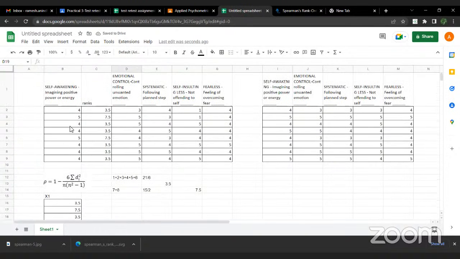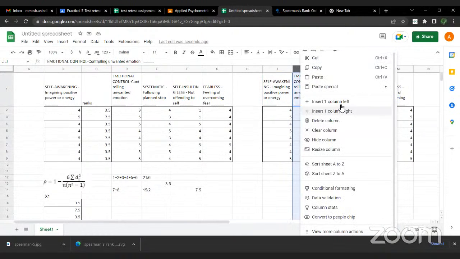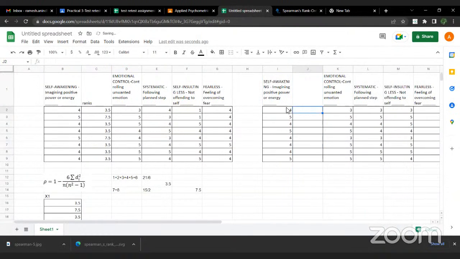So for this particular variable, we have the equivalent data here. I'm just going to add one more column here, and we're going to calculate the ranks again. Why do you need that equivalent data? Because that's what we're trying to find out, right? This is the first attempt of the test, and this is the second attempt of the test. So correlating these two ranks is what is going to give us the reliability.